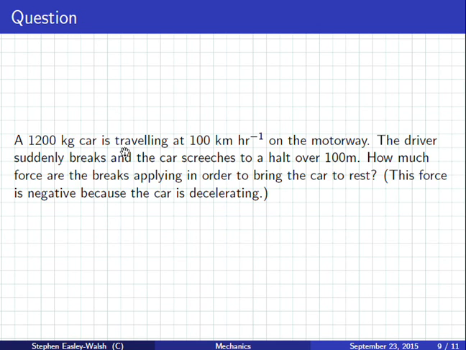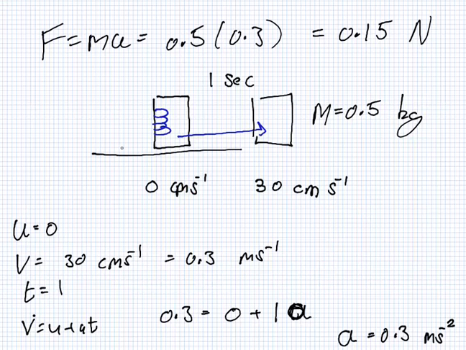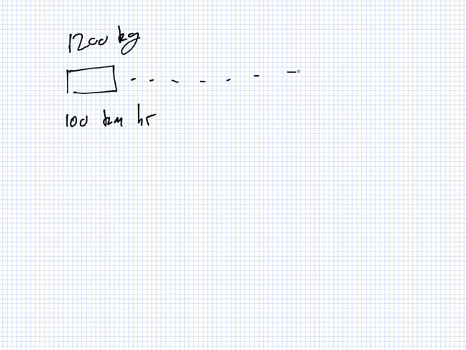Okay, let's have a look at this. Like I just said a moment ago, 1 newton is 1 kilogram meter per second squared, so really we should be using meters and kilograms for this problem only. Right, let's have a look here. So our car starts here, it's 1200 kilograms and it's going 100 kilometers per hour, and then here it's still 1200 kilograms and now it is at rest.